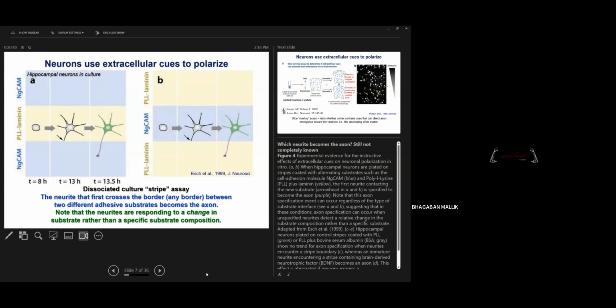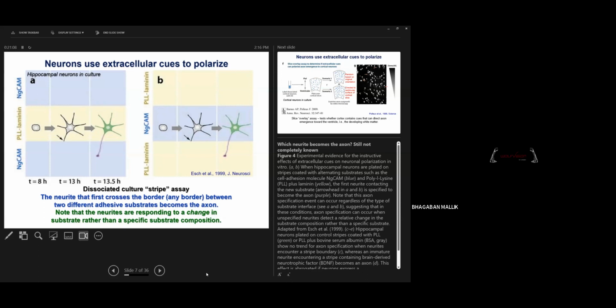Then when they cross this border, with laminin on one side and NG-CAM on the other in the same cover glass, you can see that these processes, these dendrites, become the axon. So the neurites are responding to a change in substrate, rather than a specific substrate composition.